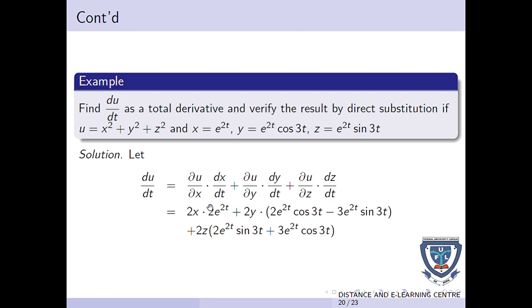And when you do that properly and you substitute, you're going to have 2x times 2 exponential raised to power 2t plus 2y times (2 exponential raised to power 2t cos 3t minus 3 exponential 2t sin 3t) plus 2z times (2 exponential 2t sin 3t plus 3 exponential 2t cos 3t).